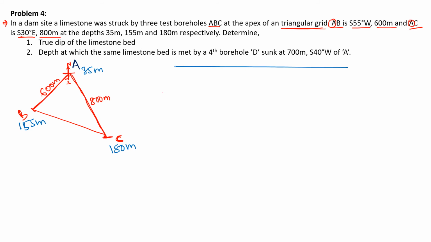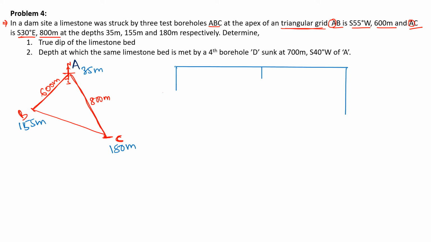Then we'll take one point at the center with the lowest point, and the last one with the highest point. Okay, now let's plot it again. Let's take the values.